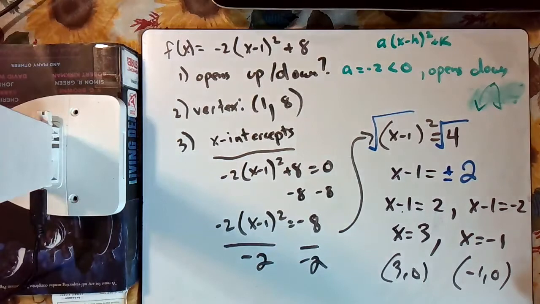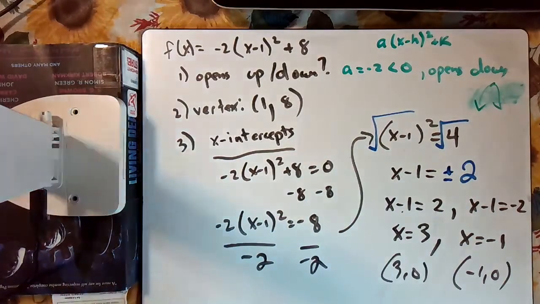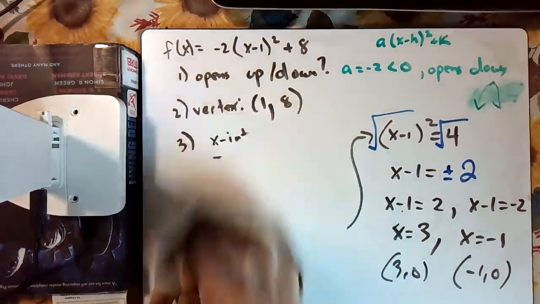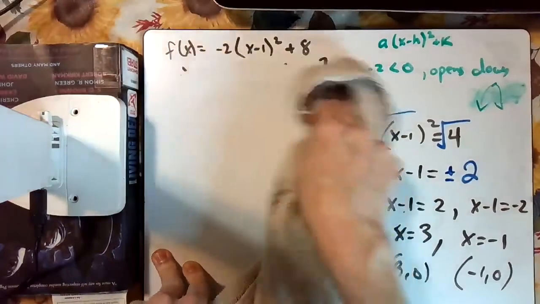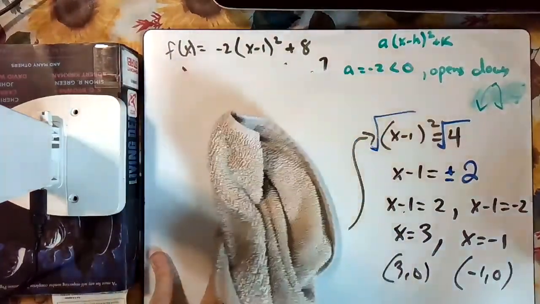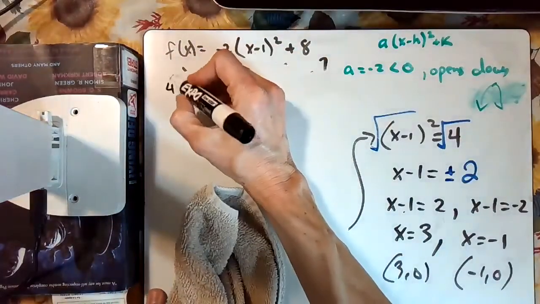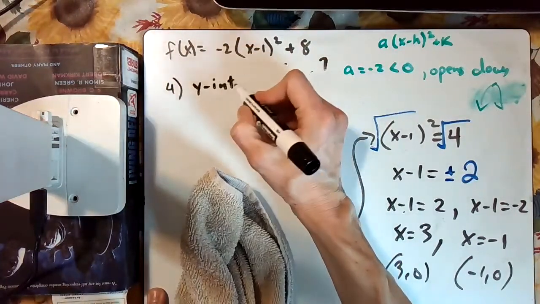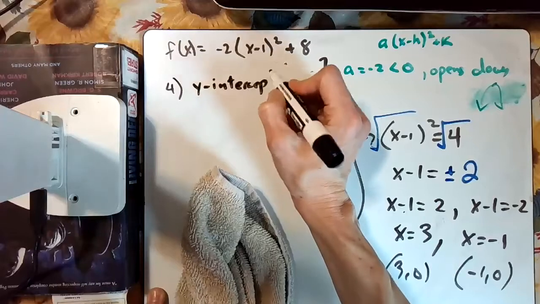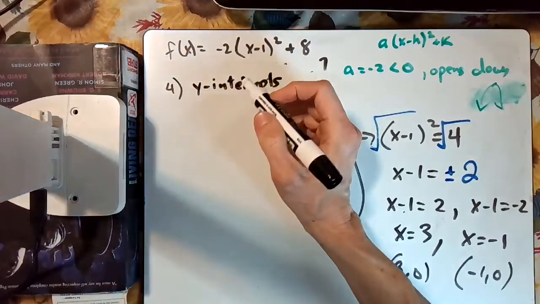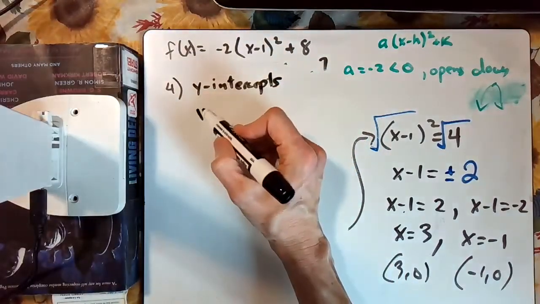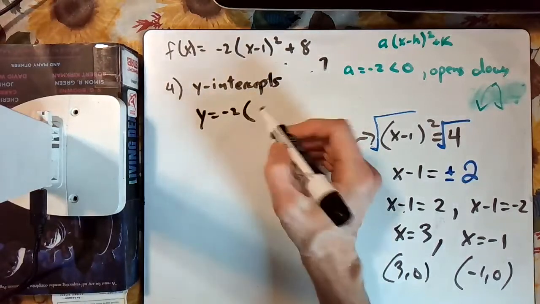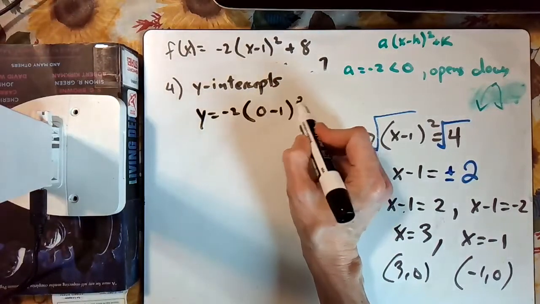Now the fourth part was to figure out the y-intercepts, right? Then for y-intercepts, we let x be 0 and we solve for y. So we get y equals -2 (0 minus 1) squared plus 8.